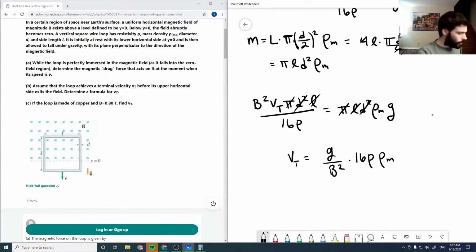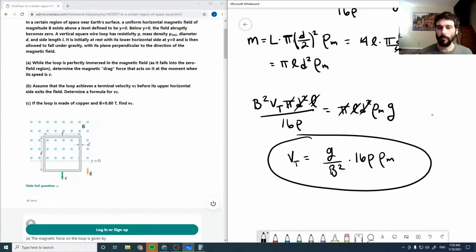And just to be sure that I didn't make a mistake there, yep, that looks good. So there's our terminal velocity in terms of the values we're given.